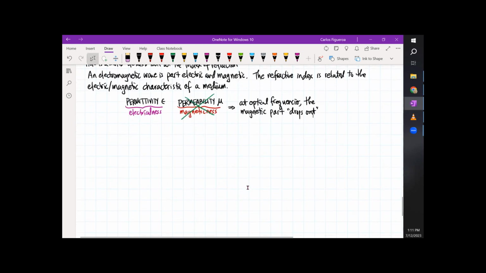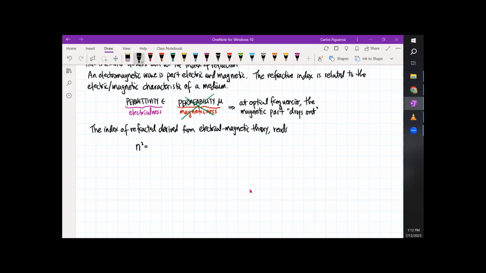So when we're thinking about the index of refraction, derived from the electromagnetic theory, it reads like this.